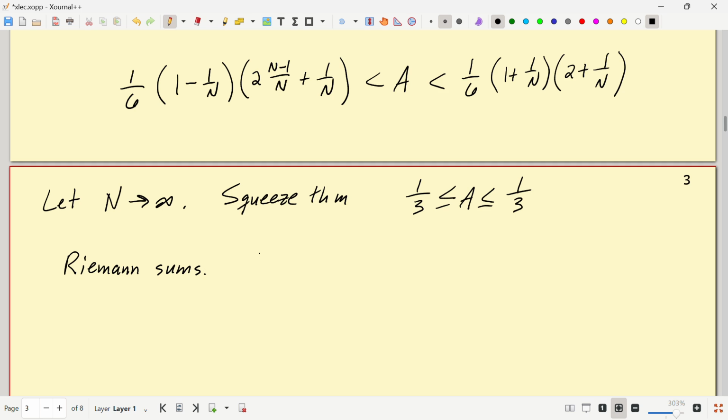And the Riemann integral would be the limit as n goes to infinity of Riemann sums.